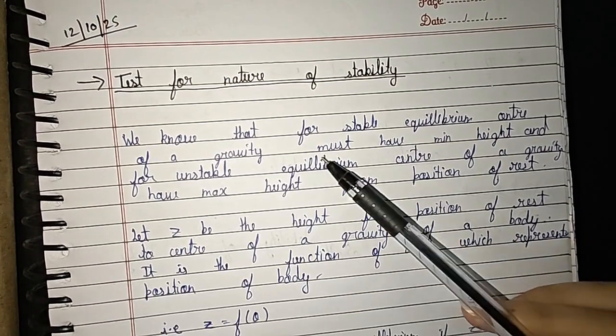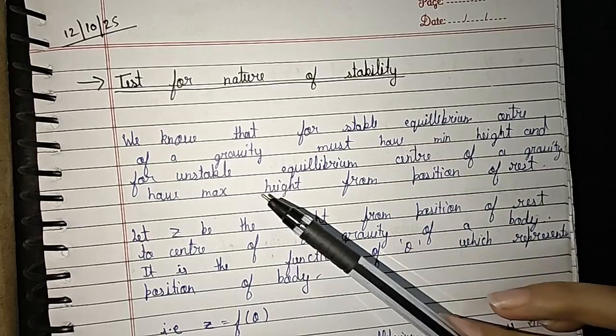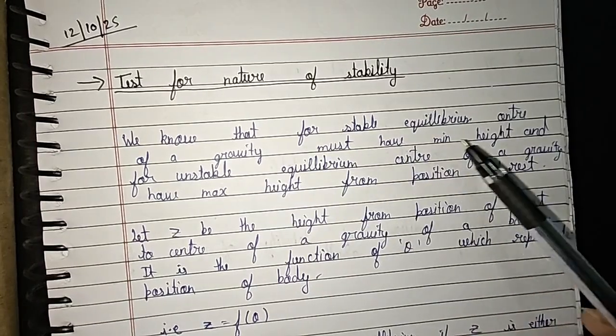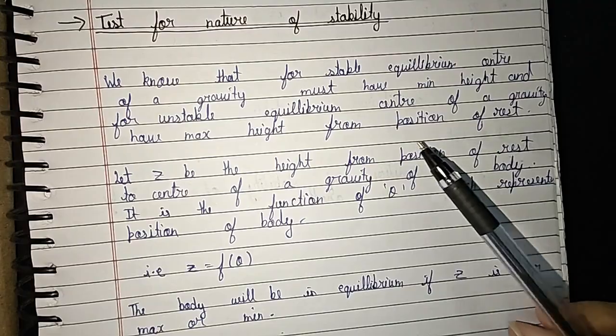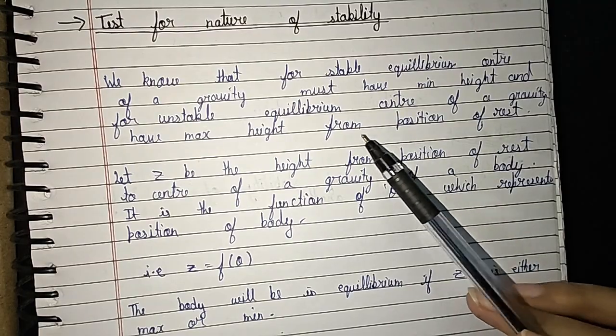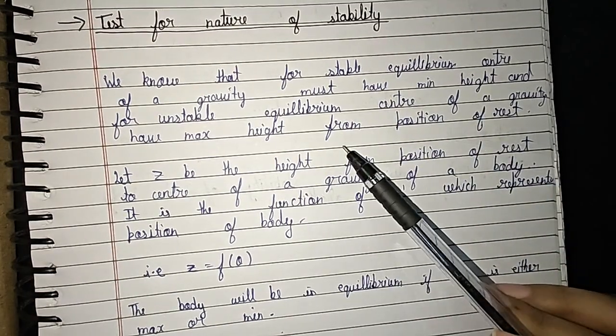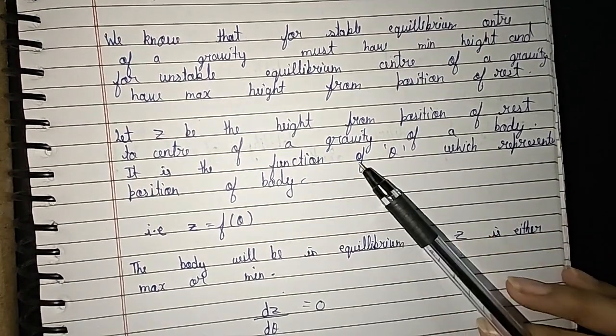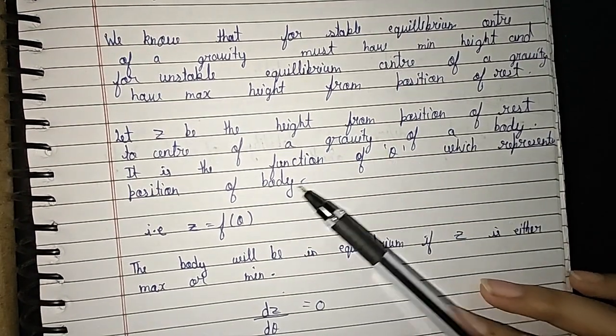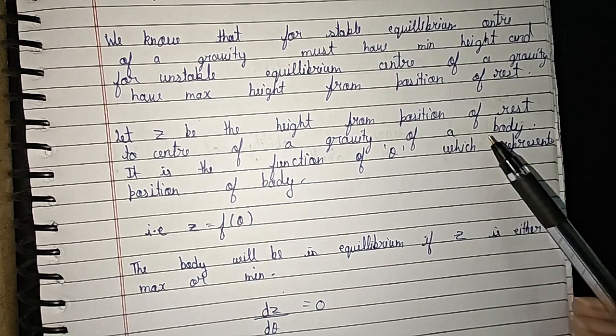We know that for stable equilibrium, the center of gravity must have minimum height, and for unstable equilibrium, the center of gravity has maximum height from the position of rest. Let z be the height from the position of rest to the center of gravity of the body.